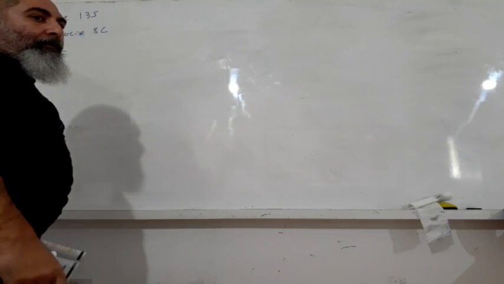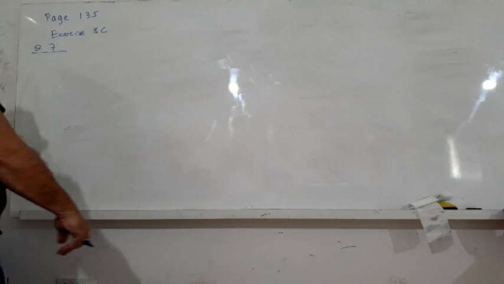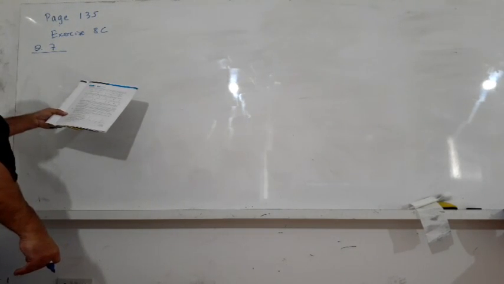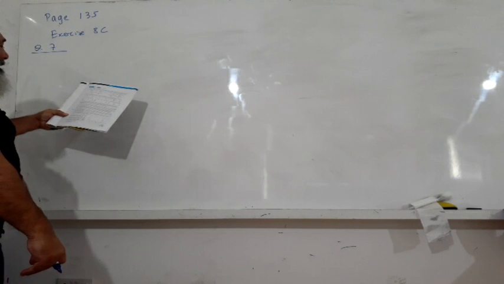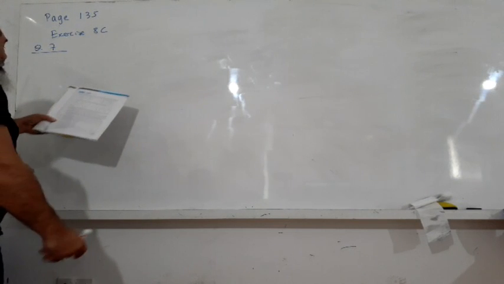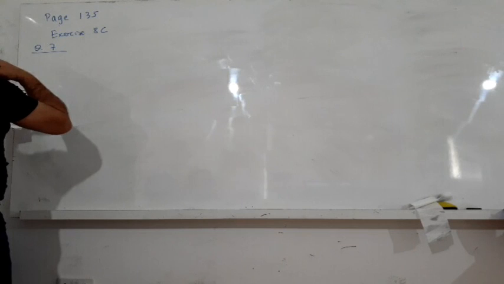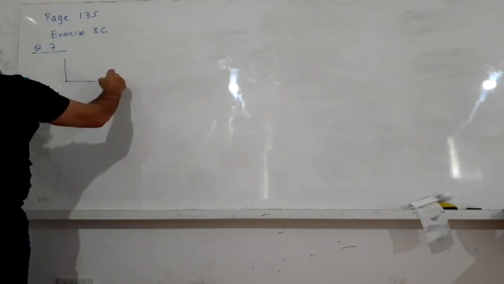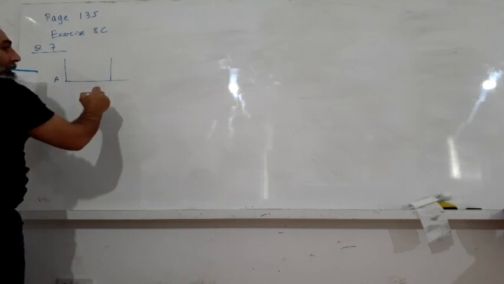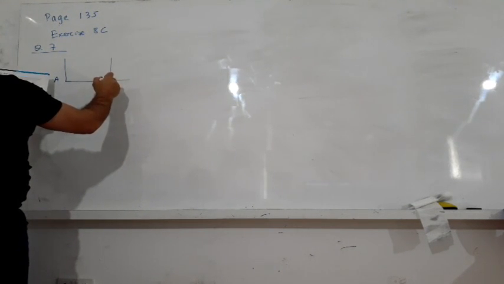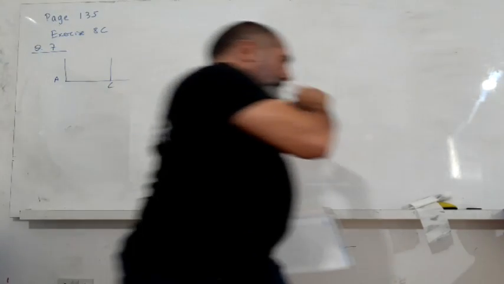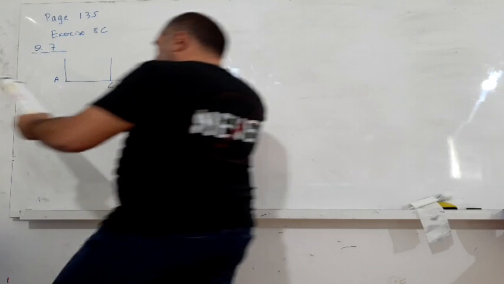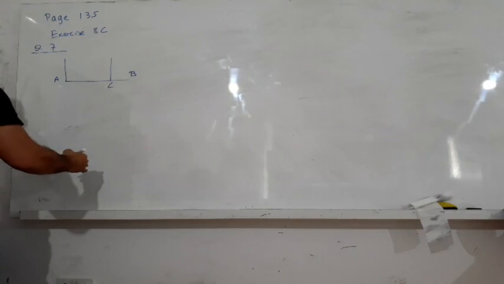A uniform rod AB of length 5 meters, mass 60 kilograms, has a load of 40 kilograms attached at B.